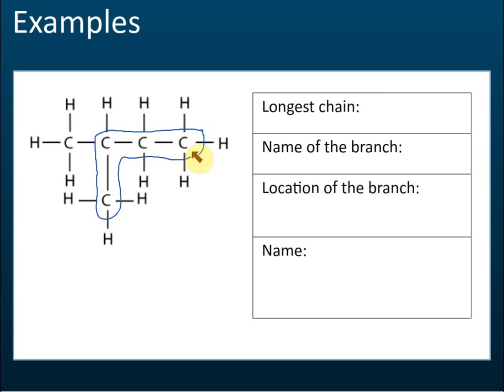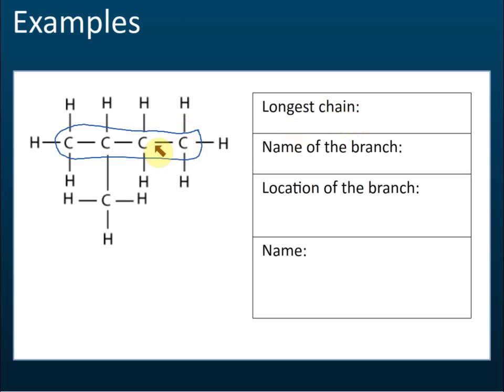The longest chain does not necessarily have to be in a straight line like this one. It can be L shape or whatever shape it is. But for the convenience of discussion, I prefer to make this the longest chain. First we identify the longest chain, and then we need to know its name.